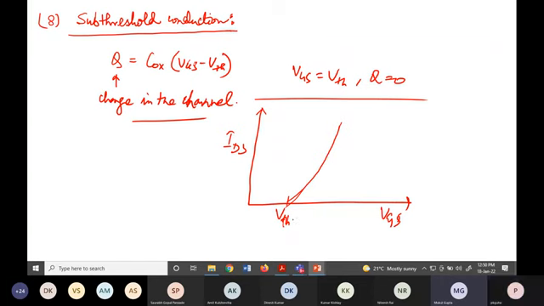The amount of current below threshold voltage is what we are interested in here. Why? Because the popularity of CMOS, as I mentioned to you, is because of the zero static or near zero static power of the CMOS.